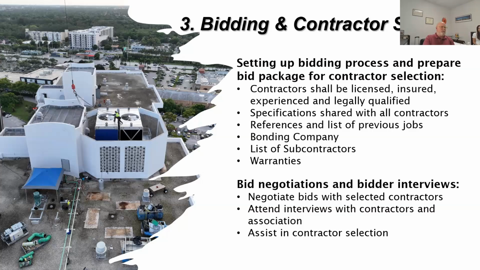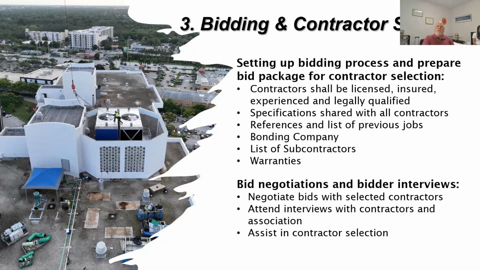And this is also where I see a lot of associations kind of fall down on the job. You go out, get five bids, you got one that's great, and you're like, okay, let's go with them, and we move on. And then we get into the next step, construction administration, and we find, oh, well, the contractor didn't include this.